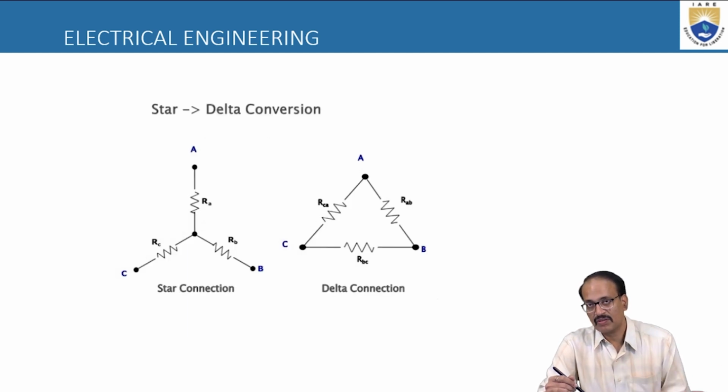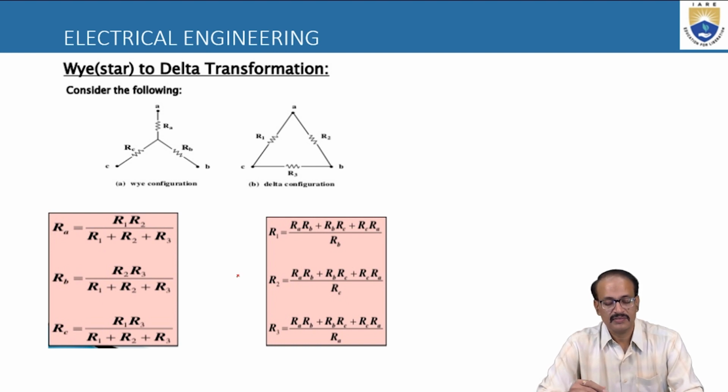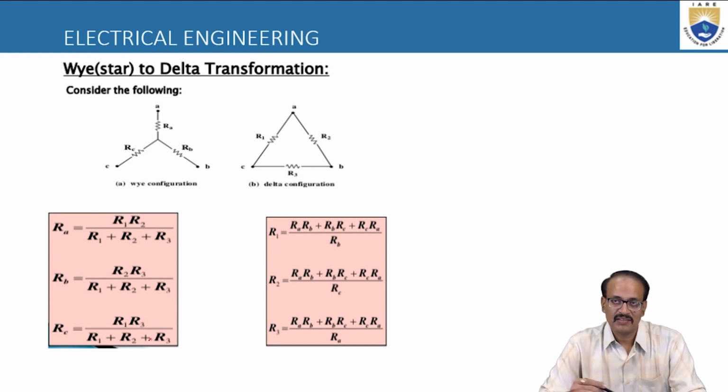So we can convert star to delta and delta to star, and there are formulas for that conversion. The easy method is that from star to delta, the numerator will be common, and from delta to star, the denominator will be common.